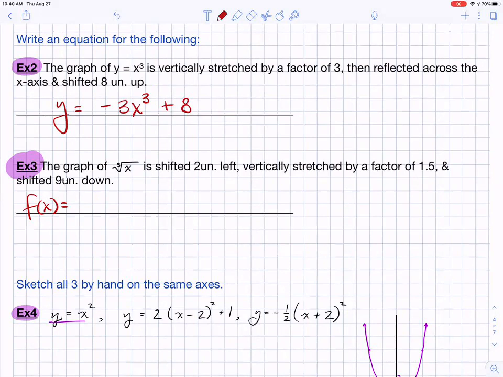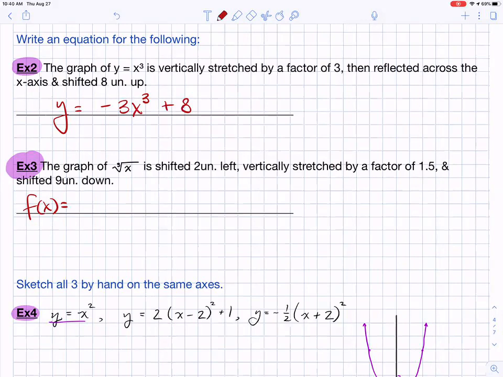Okay, so let's talk about just one piece at a time. The shifted 2 units left part, November, how did you write that part, or where did you put it? I put it beside the cube root, so just plus 2. Inside or outside the cube root? Outside. Okay, what do you guys think? Inside, why inside?